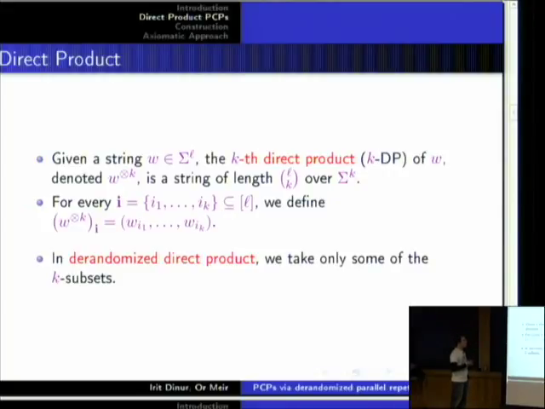And this is called derandomized because if choosing a random coordinate of the standard direct product consists of choosing about k coordinates of the original string independently at random, then in the derandomized direct product, we choose them in some dependent way that saves us randomness. So this is called derandomized, but this is not really important for this talk.